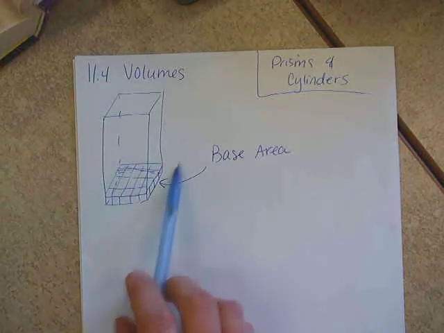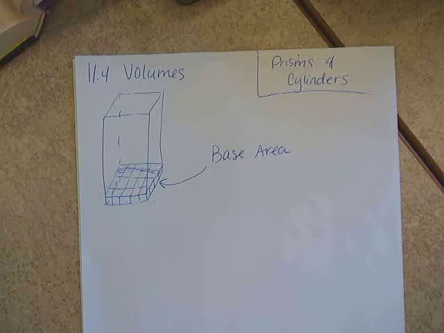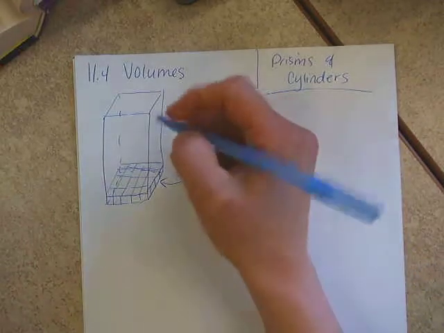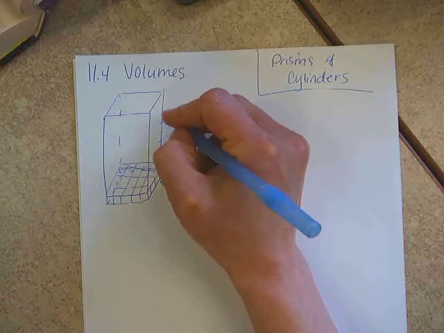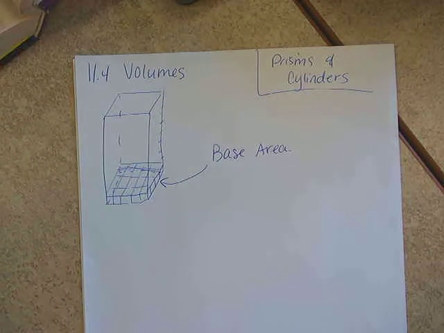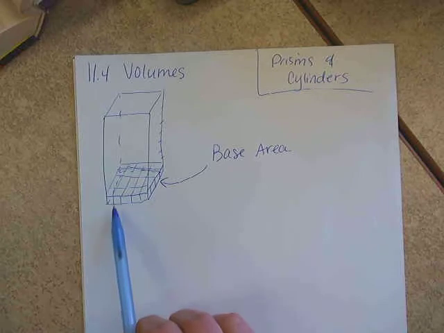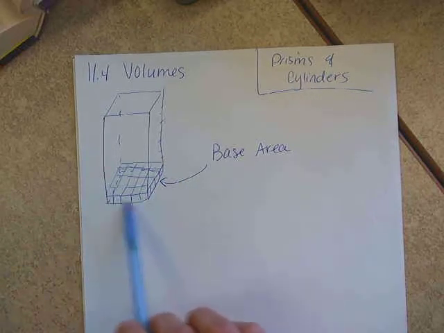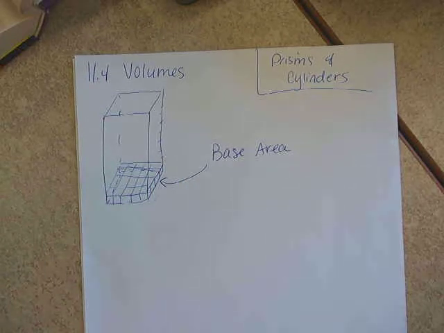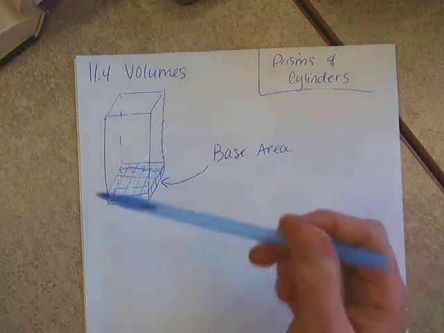So if we can find the base area, length times width in this case, we would know how many cubes cover the bottom layer. Then the question would be how many of those layers do we need to fill up the height, fill up to the top. So as we're adding up those layers, say there were, what this appears to be, 5 times 4, okay?